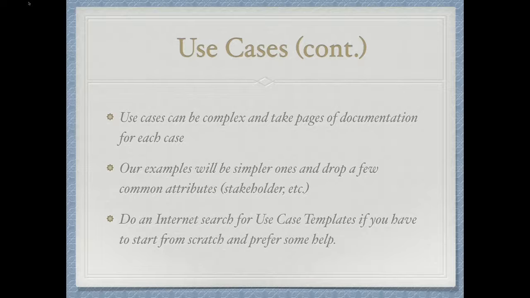We're going to drop a few common attributes that you see, like stakeholder and a few other fields, but they're still going to be very functional, and they are useful for professional development of software, because I've used very similar things on a regular basis and people are very happy with them. And more importantly, they serve the purpose of documenting the requirements and the flows of the application.